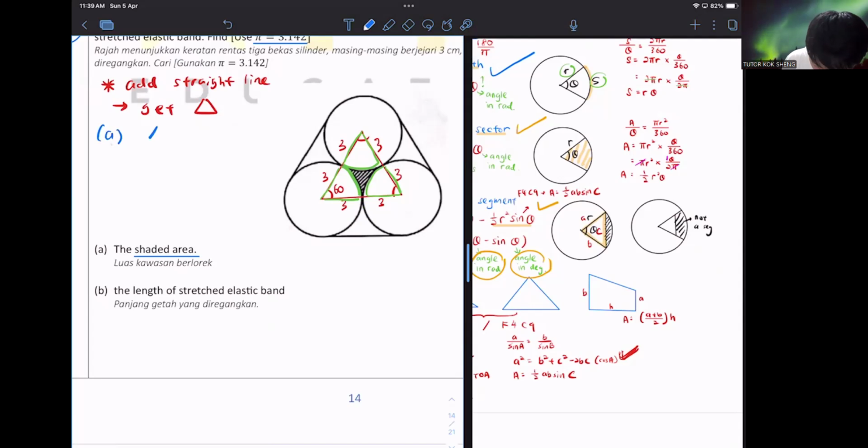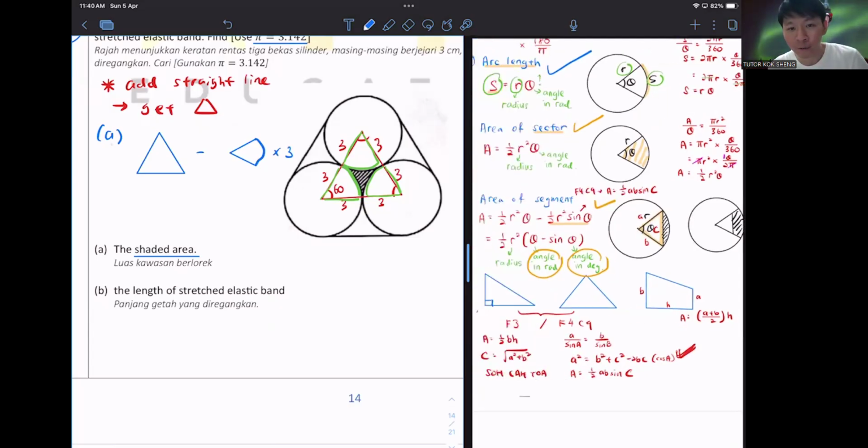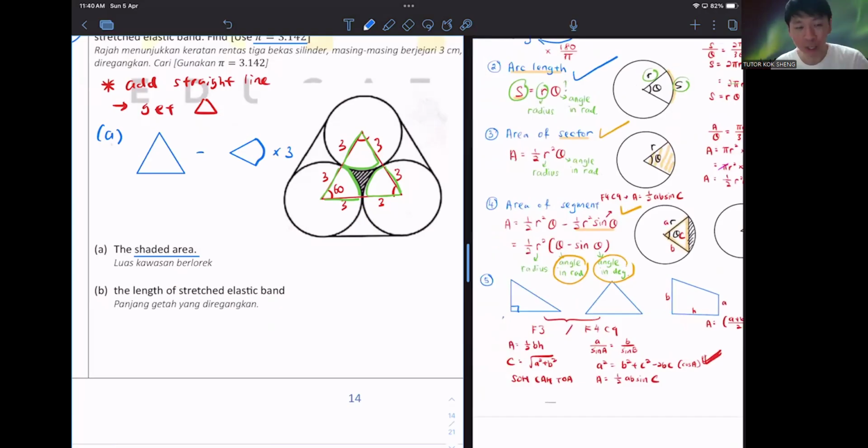So you go for the triangle area minus the sector area. The sector total has 3, and all 3 of them are the same. You can use only one, find only one sector area times 3. They all repeat the same.